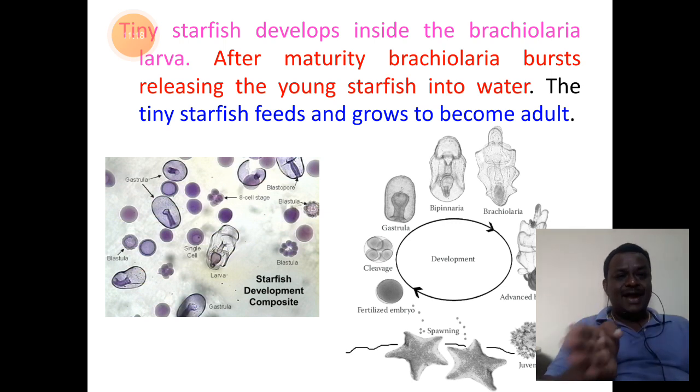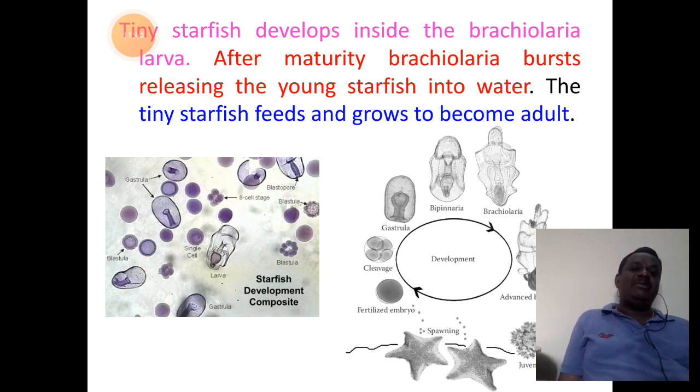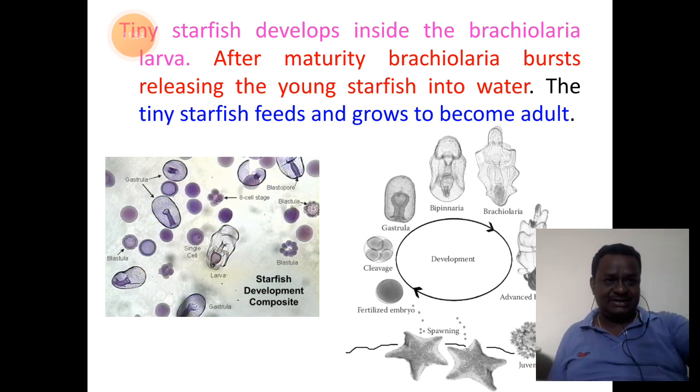So towards the left side is the microscopic view of different stages of development there. We can find the gastrula stage, we can find the blastula stage, we can find cleavage process, bipinnaria larval stage, blastopore structures, etc. So ultimately the miniature will start becoming adult after the feeding process, and the life cycle further continues when it enters into the breeding time and maturity process.